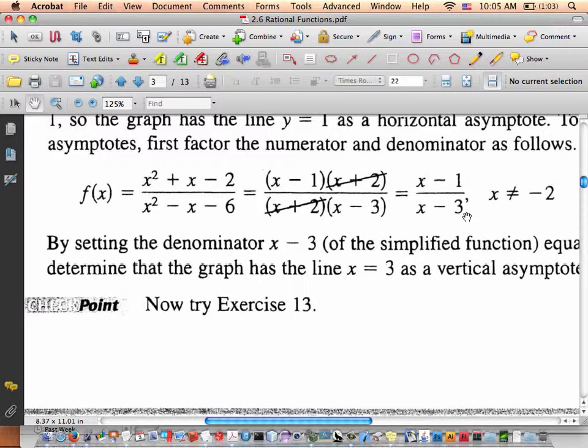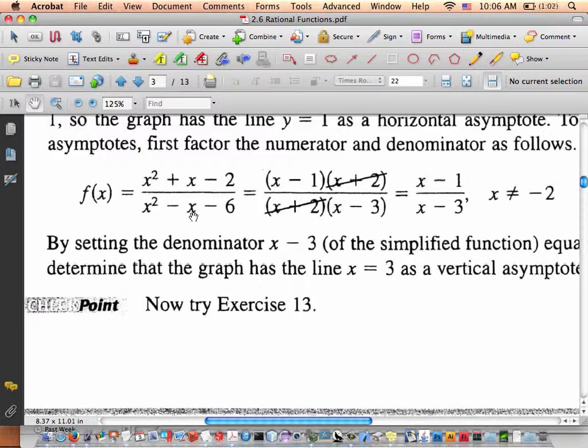But Mr. P, I thought you told me that negative 2 was excluded. It is, because what happens if you put negative 2 in the original function? 0 over 0, right? So if you remove something, that only stops it from being a vertical asymptote. It doesn't stop it from being an excluded value.